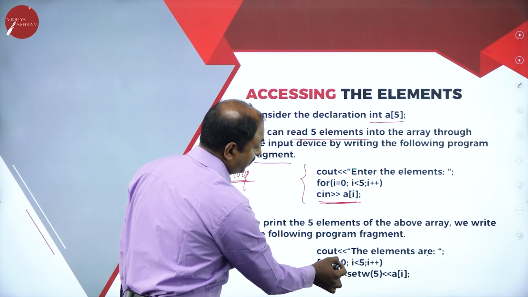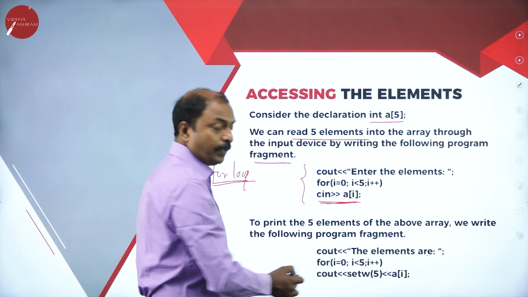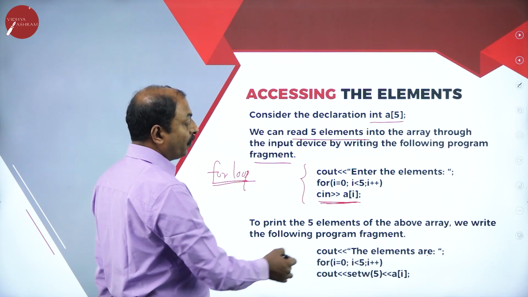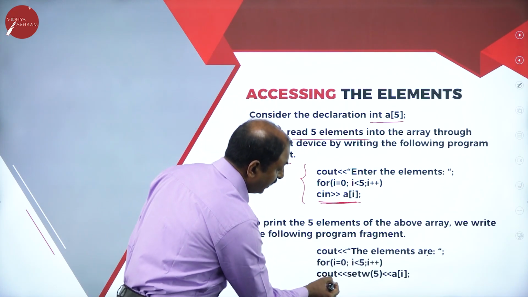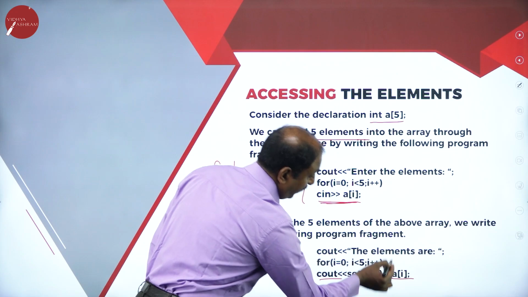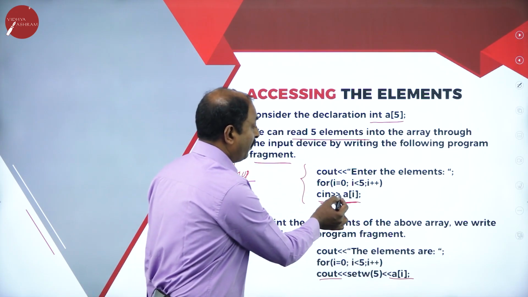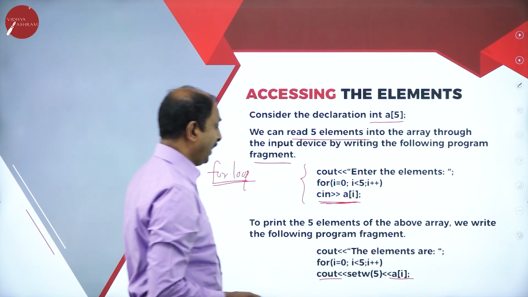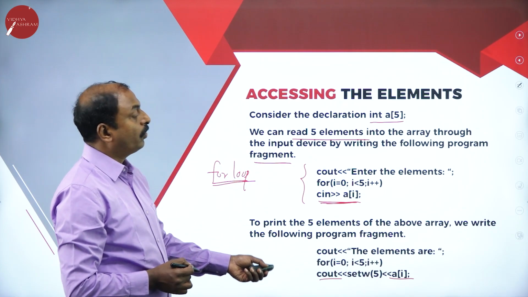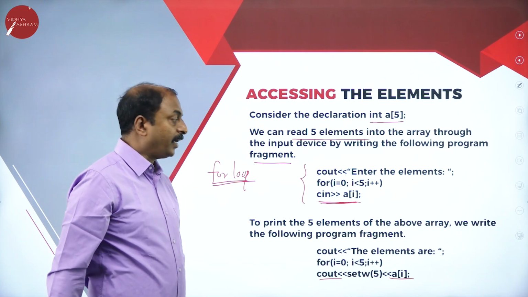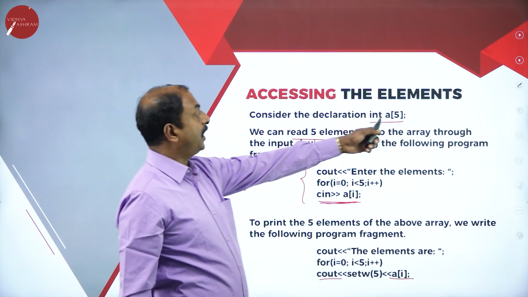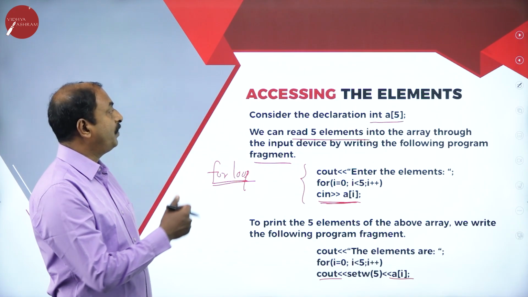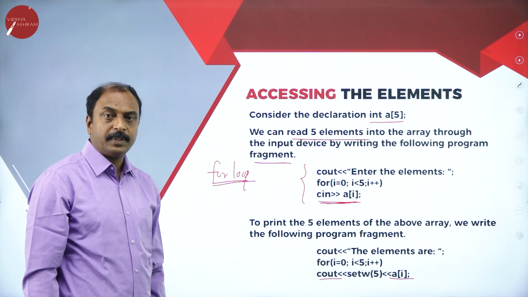Again 0 is the first index, the condition is less than 5, meaning it goes up to 4, the last index, i plus plus, cout a of i. Here a is the name of an array, i is the index or subscript. Accordingly, it is going to print the elements of the array int a of 5. This is how we access the elements of a one-dimensional array.